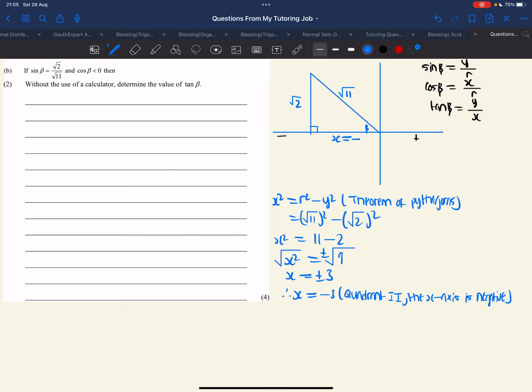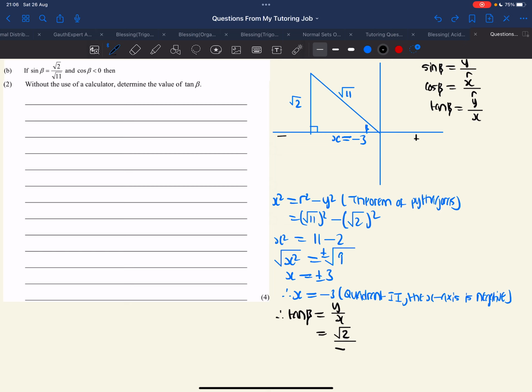Now remember, that is negative 3 there, and then we have beta. Now to do our tan of beta, we're going to say therefore tan beta is equal to, remember we said that it's y over x. Now we know that our y is square root 2, and our x, we just found it to be negative 3, right?